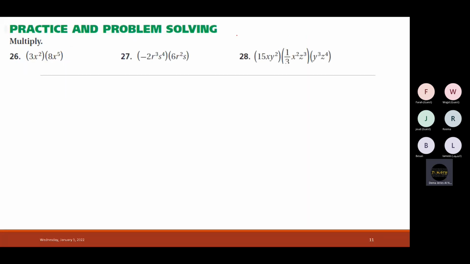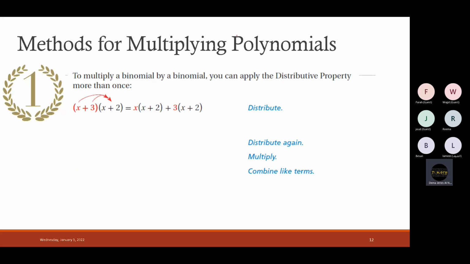Let's start now with the first one, which is the distributive property. To multiply a binomial by a binomial, you can use the distributive property. Like if you have x plus 3 times x plus 2. Distributive means, from its name, I will distribute x on x plus 2 and 3 on x plus 2.